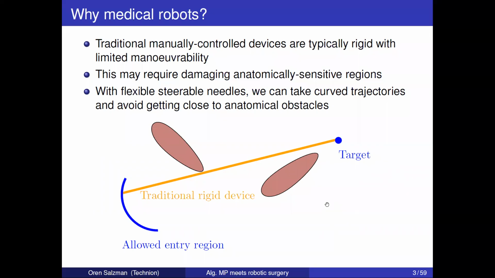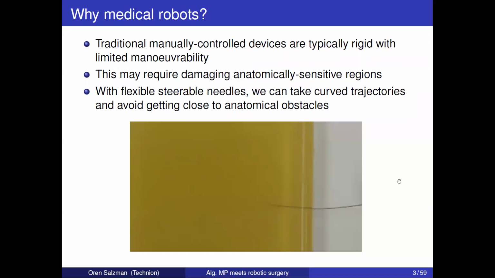In the past years, we have these new devices. We call them steerable needles. This is an example of a steerable needle. Can you see the video at a reasonable frequency? Yeah, okay. As you can see from the video, they can take curved trajectories, which allows us to avoid getting close to obstacles.